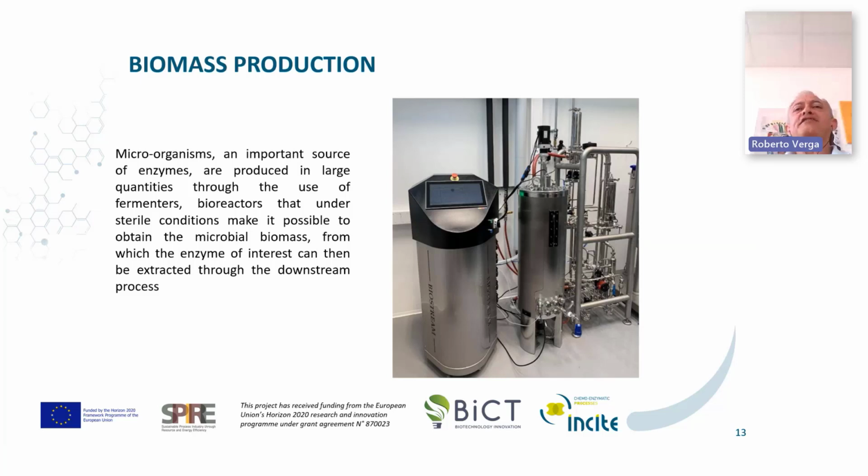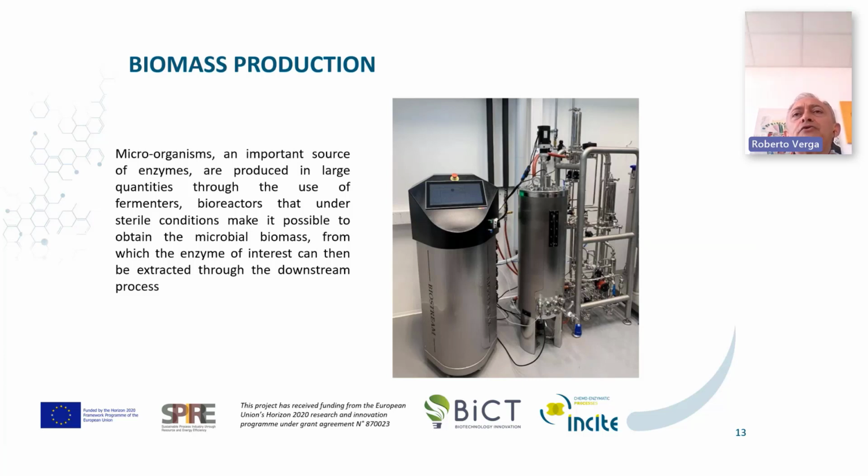Remembering always the INCITE project, we have a cultivation of E. coli, a transformed E. coli. E. coli is not capable to secrete the enzymes. E. coli doesn't have this property. So the enzyme is inside.